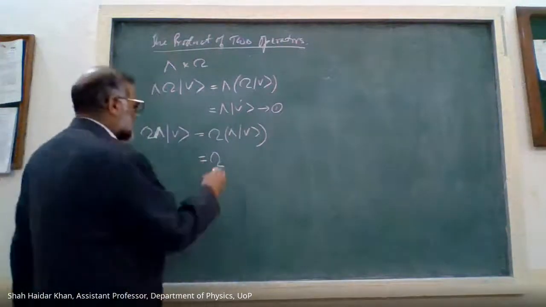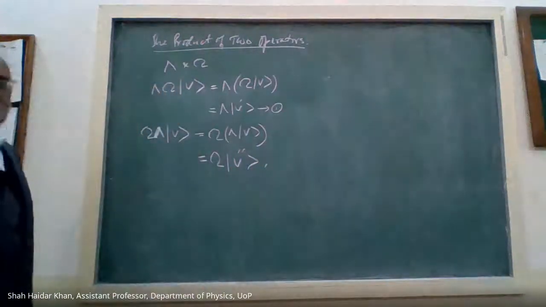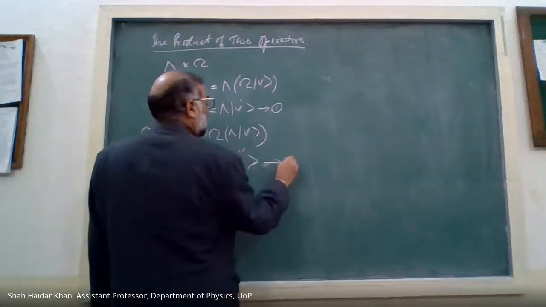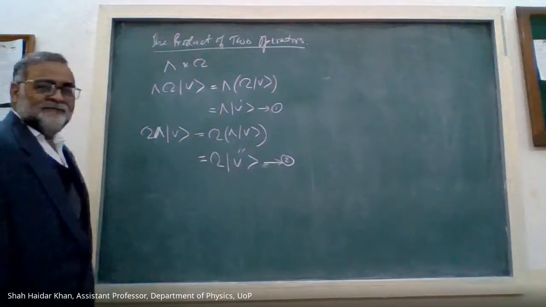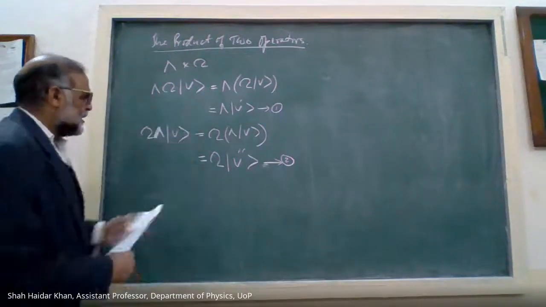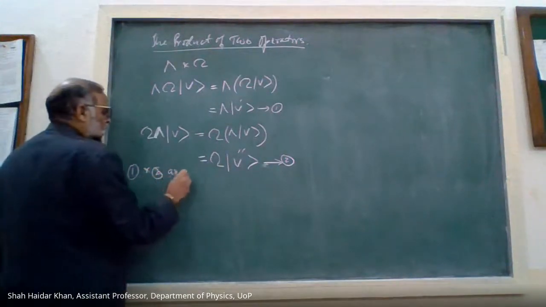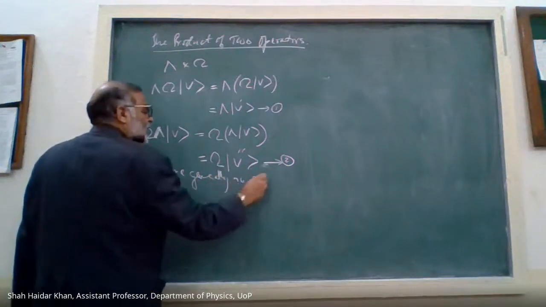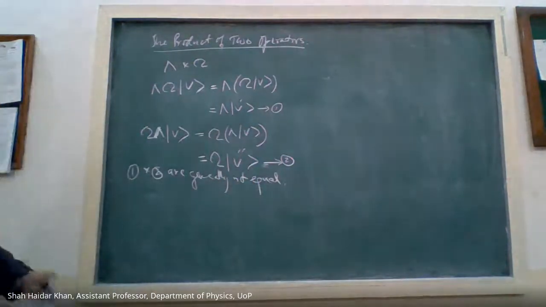Suppose it turns it into V double prime, some other vector. So these two operators are generally not equal.